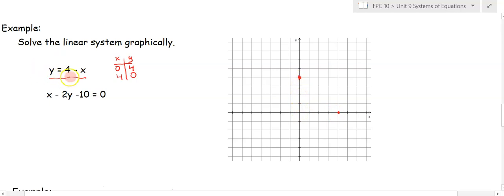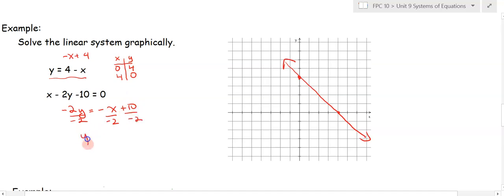Or I could have rearranged this, and then using my slope of negative 1, down 1, right 1, down 1, right 1, you get the same thing. But we get the idea. There's the first equation. The second equation, negative 2y equals negative x plus 10, divide everything by negative 2. Again, I could have made a table of values as well.